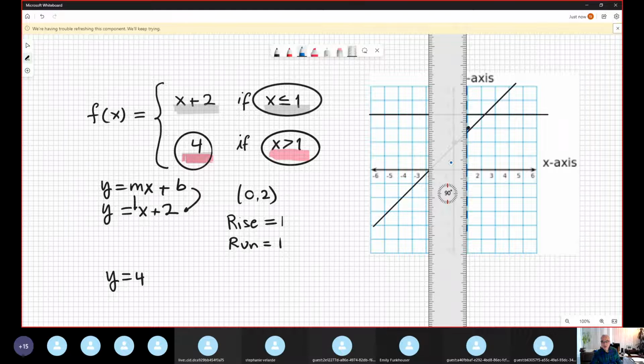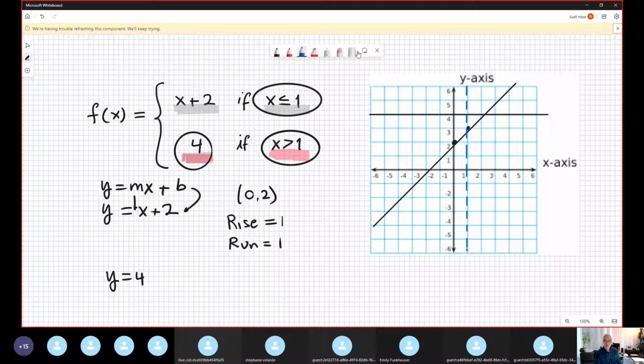Now this dotted line, by the way, splits the plane in two semi-planes, generating somehow the intervals: less than or equal to 1, which is from 1 to the left, and greater than 1, from 1 to the right. In this case, equal corresponds with the first interval, but it's not important.